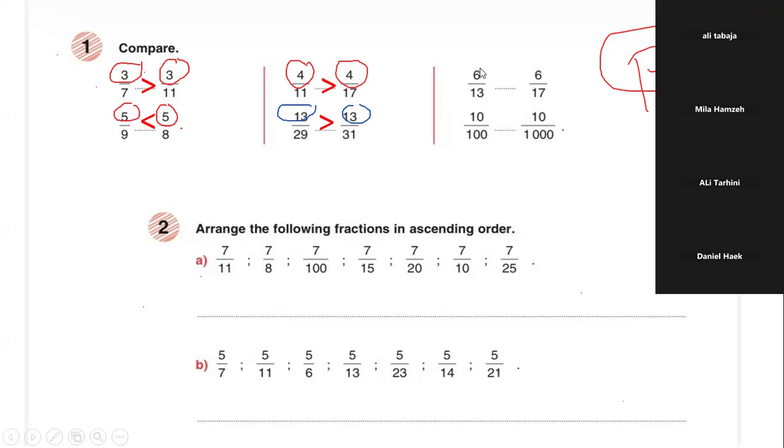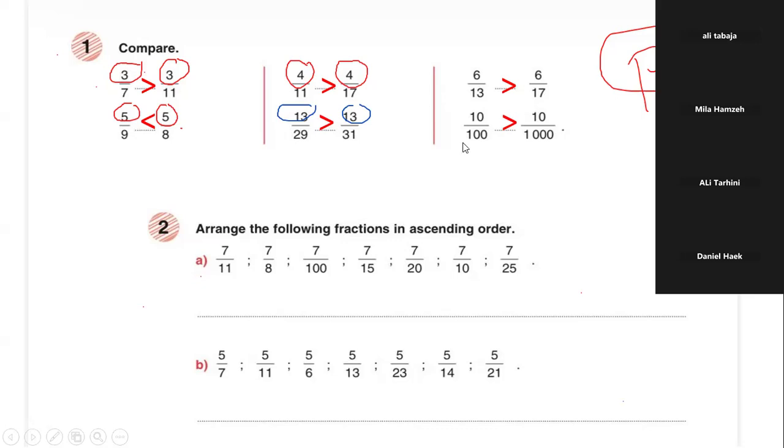Ali Tabaja. 6 over 13 or 6 over 17? Yes, ya Ali. 6 over 13. Excellent. 6 over 13. Why? Do you know why?